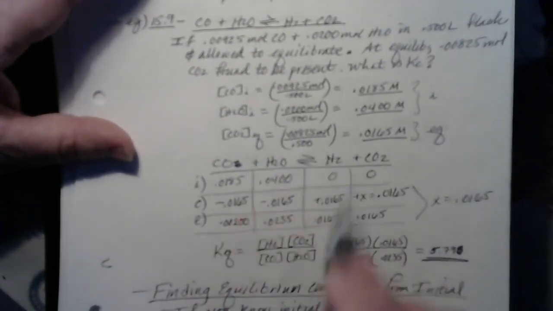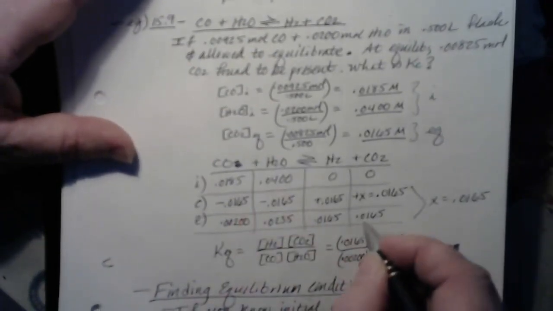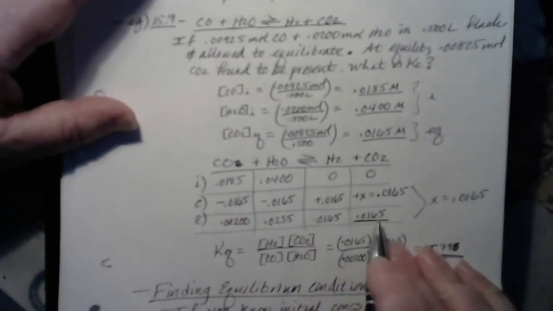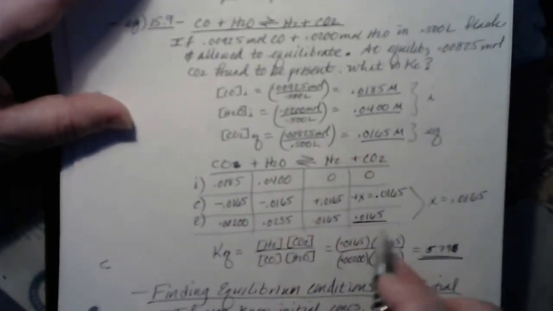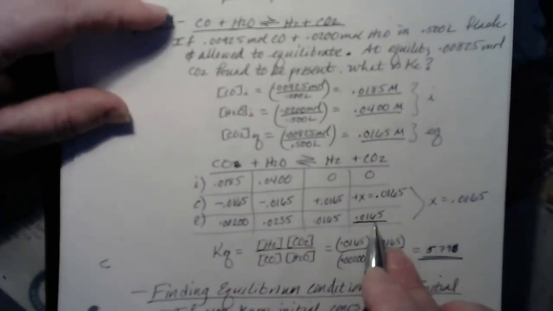So those are both 0. Now they tell us that the CO2 concentration at the very end, or at equilibrium, is 0.0165 molar, or rather this number of moles in 0.5 liters. And that makes 0.0165 molar.